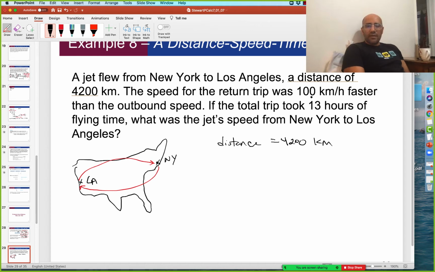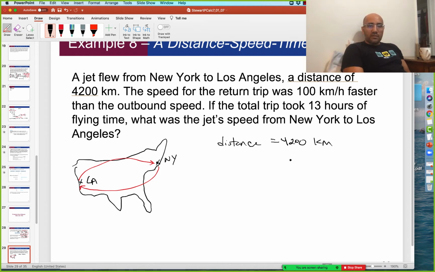They could have made it a little harder and said the speed on the return trip is 50 miles per hour faster than the other direction, and then you'd have to be careful to match the units. But luckily here, we have kilometers, and we're using hours, and it took 13 hours, so all those units match.